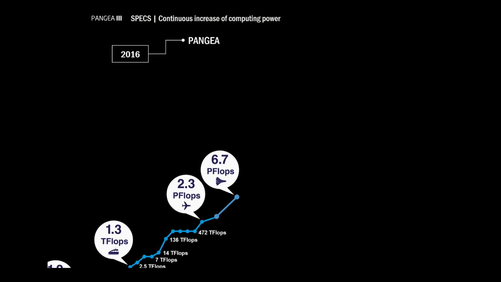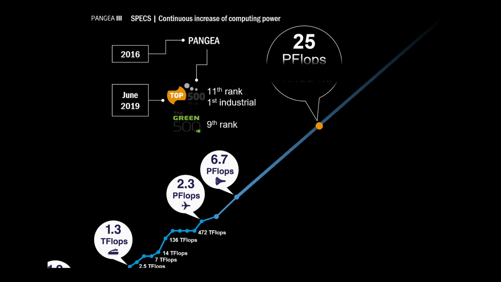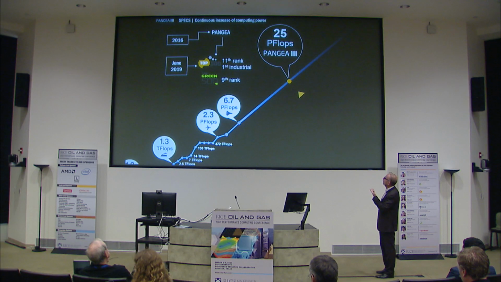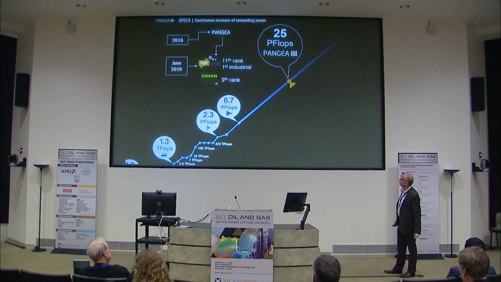In 2015, we had the second part, Pangea 2, still a CPU system, and now we have Pangea 3, mainly based on GPU and Power9. Those numbers are from June 2019.